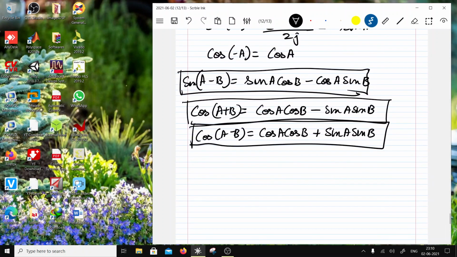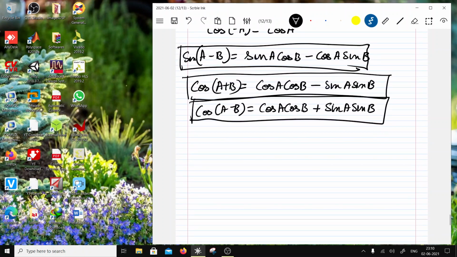And the last thing is if I can combine them. So if I was to combine these two, then I would say cos of a plus b plus cos of a minus b is going to be equal to twice of cos a cos b.